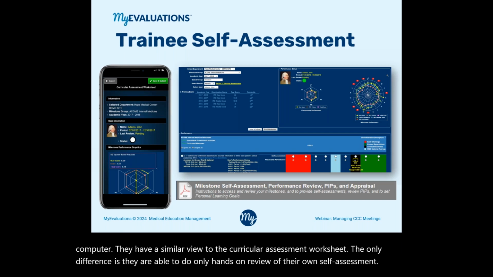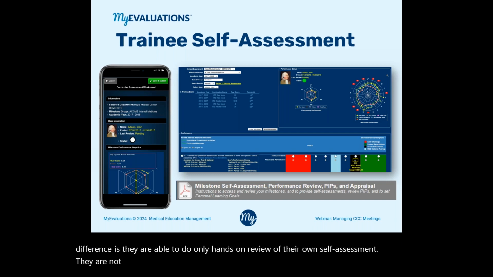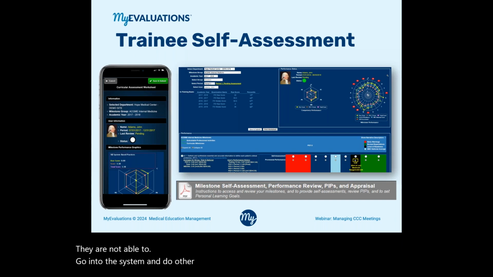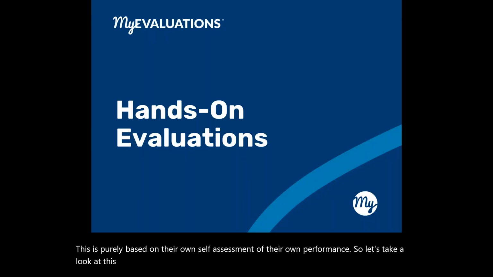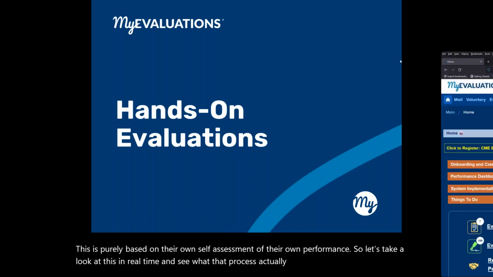They are not able to go into the system and do other things. They can't change any scores from the final score. This is purely based on their own self-assessment of their own performance. So let's take a look at this in real time and see what that process actually looks like.